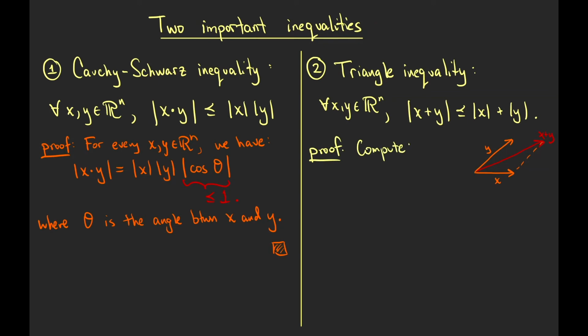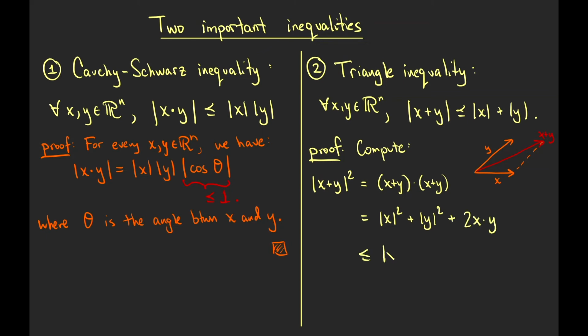We just do a calculation. So we compute the length of x plus y squared in terms of the dot product: it's x plus y dot x plus y. And that's equal to, using the distributive properties of the dot product, the length of x squared plus the length of y squared plus 2 x dot y.